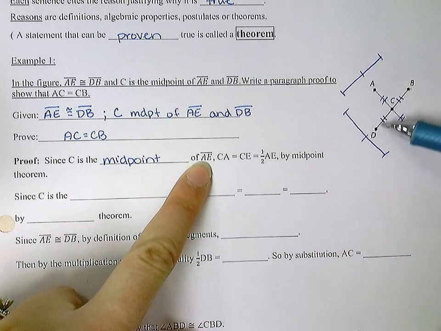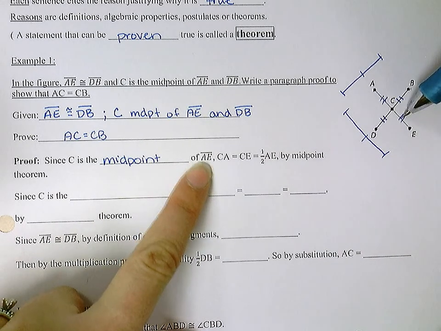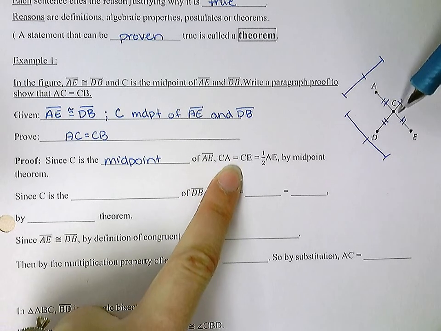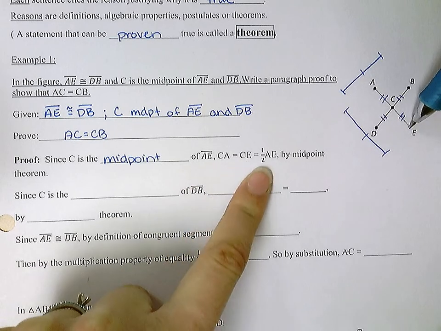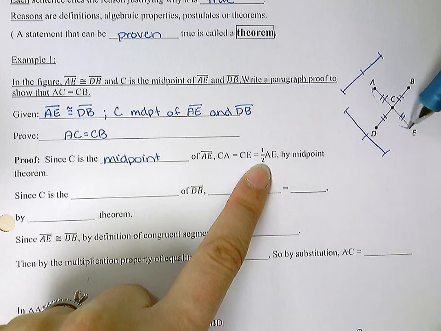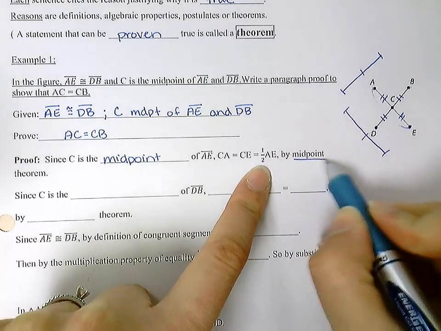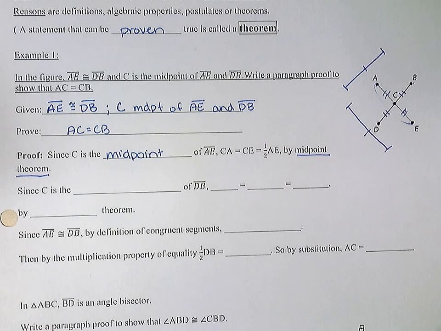Well, I labeled on my picture that those two segments are equal, so I want to say that next. I would say CA is equal to CE, which is also equal to 1/2 the length of the entire segment, which is AE. And that is by the midpoint theorem. Whenever you're given a midpoint, you're using that midpoint theorem to state that those two segments are equal.